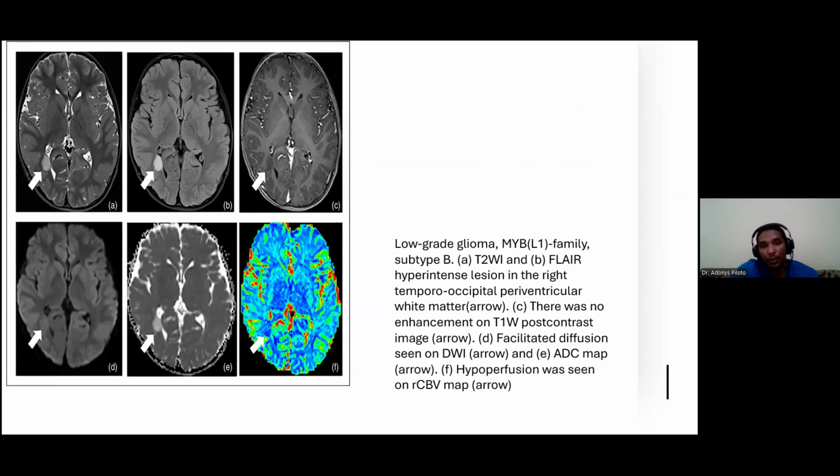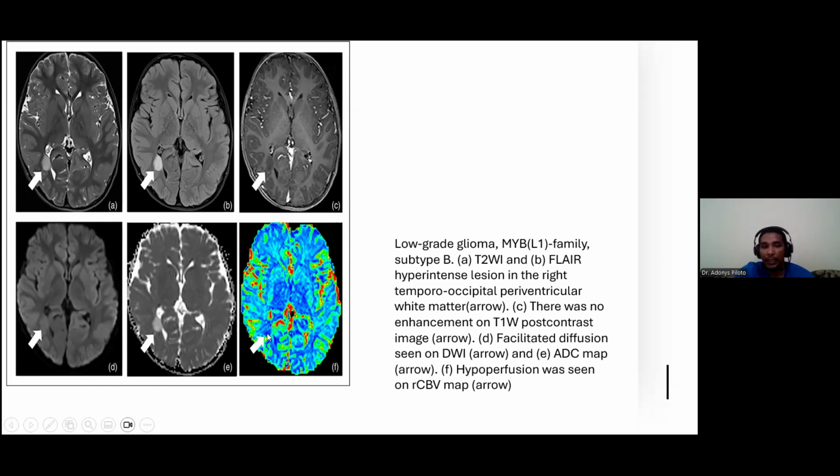In general, as a low-grade glioma, this is the MYBL family subtype. In T2 and FLAIR, there is a hyperintense appearance, in this case in the right temporal occipital periventricular white matter, and there was no enhancement in T1 post contrast.